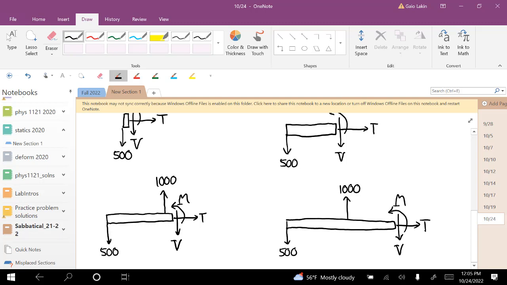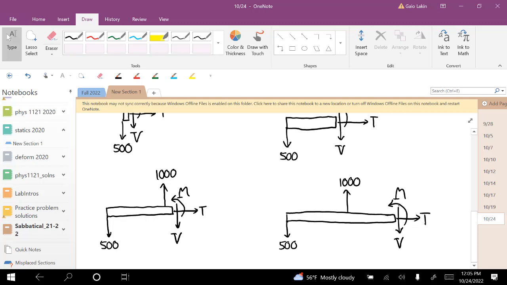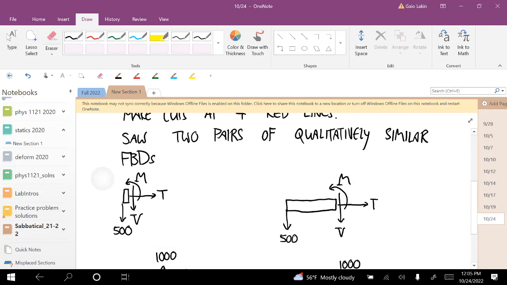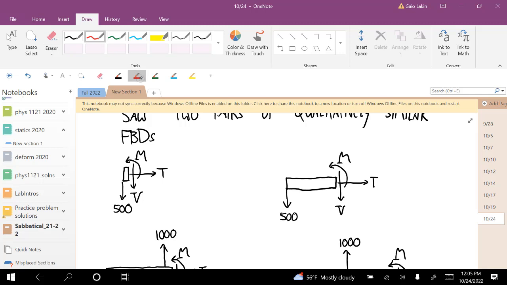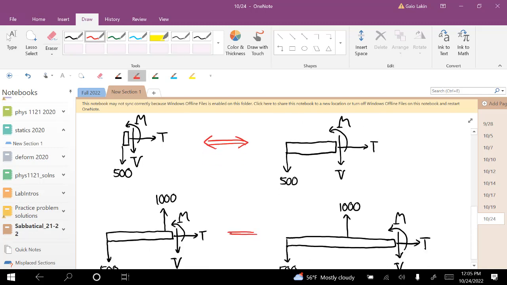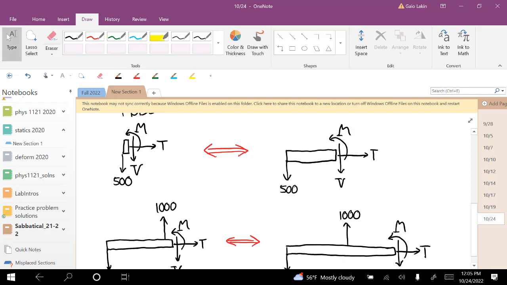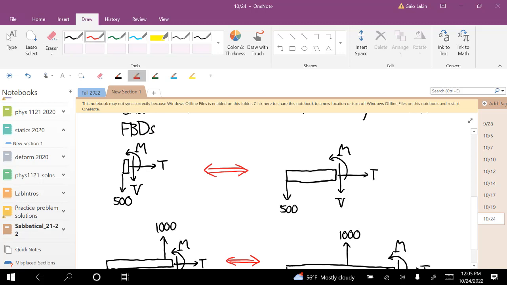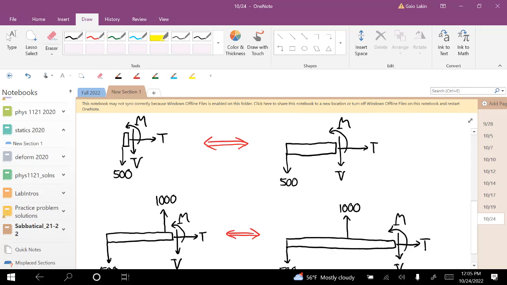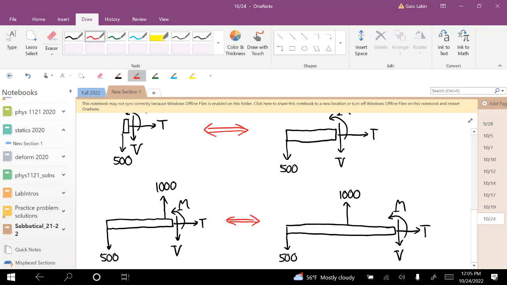Okay, so these 2 are somehow sort of the same. These 2 are somehow the same. You can't draw a single free body diagram that represents every one of these cuts, but you can imagine drawing a free body diagram that represents both of those first 2. And you could imagine drawing a free body diagram that represents each of these last 2, right?